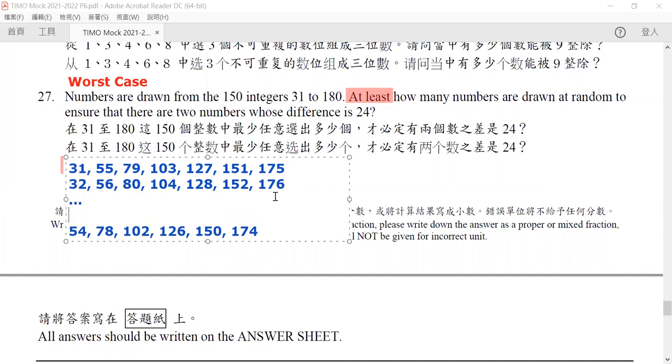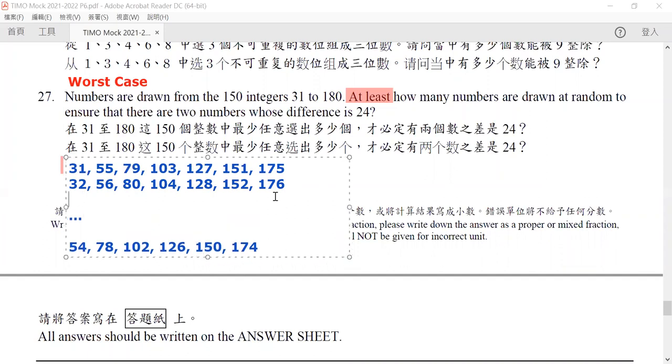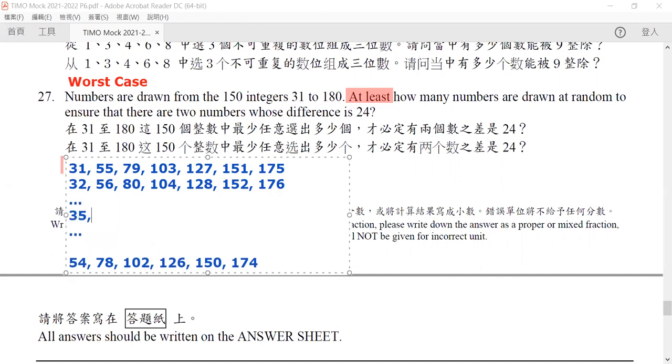until it goes to 35. So it will be 35, 59, 83, 107, 131, 155, and then 156, 60, 84, 132, 159.